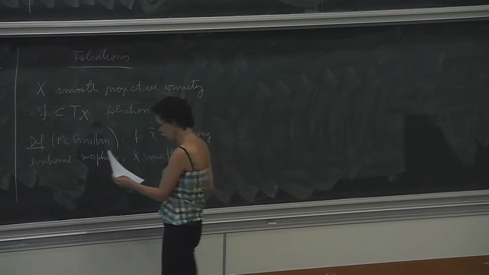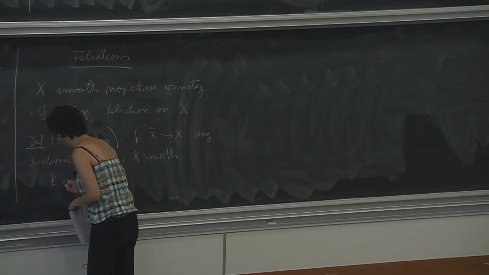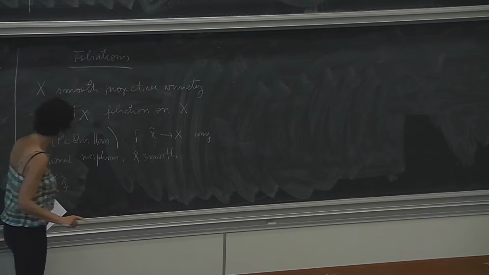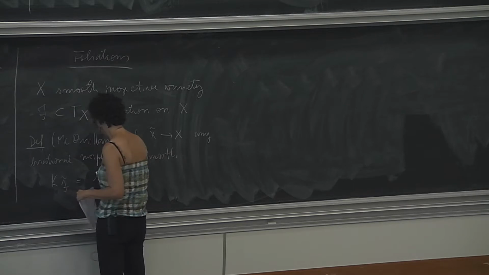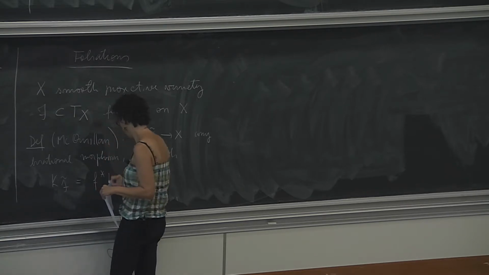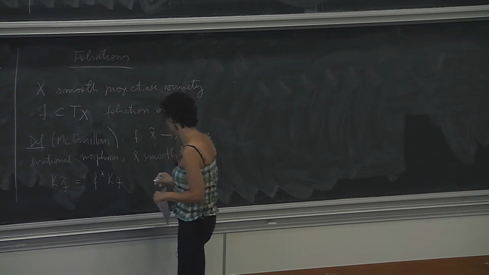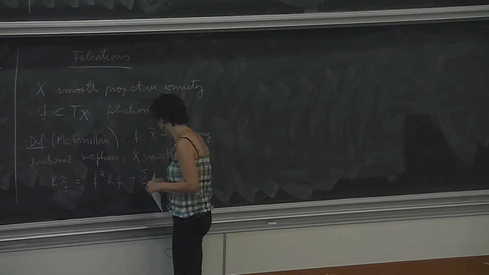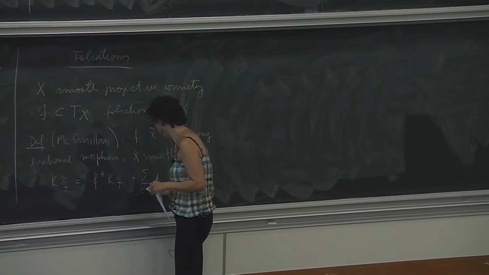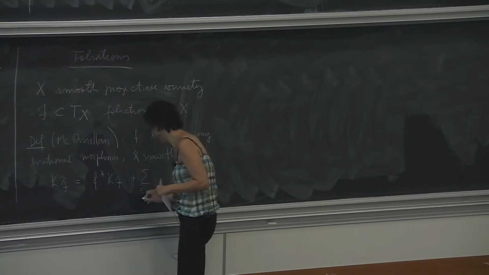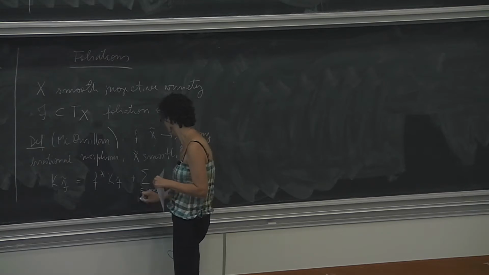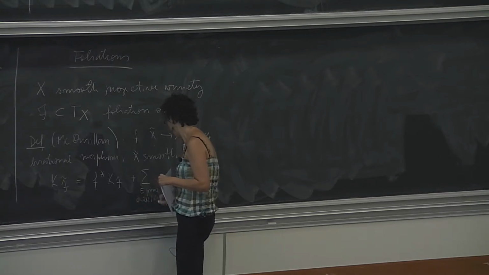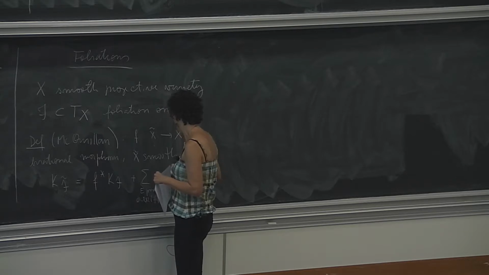So now we want to compare the canonical class of F tilde in X tilde with that of F. So as usual, they will differ by some exceptional divisors, prime exceptional divisors E, with coefficients a(E).